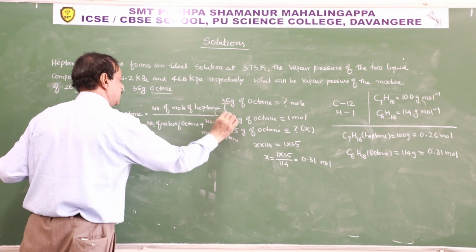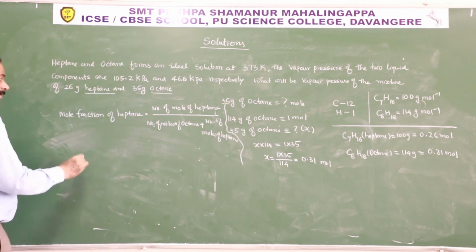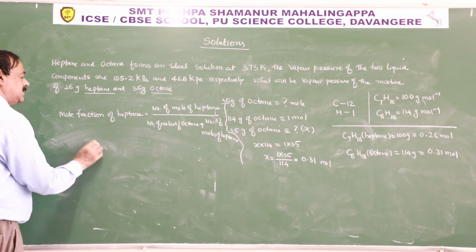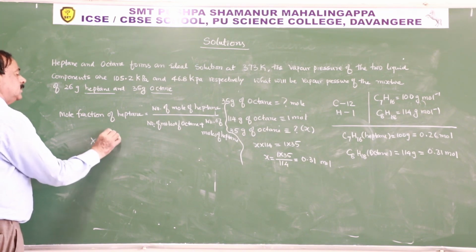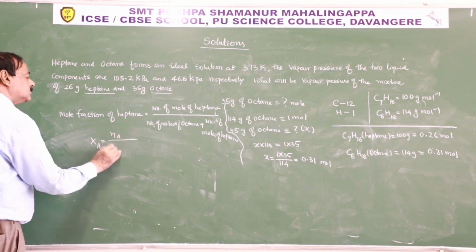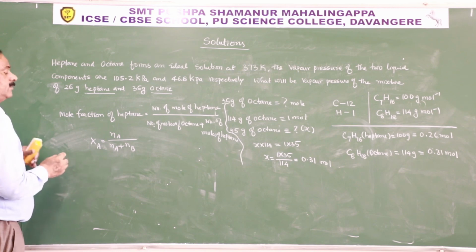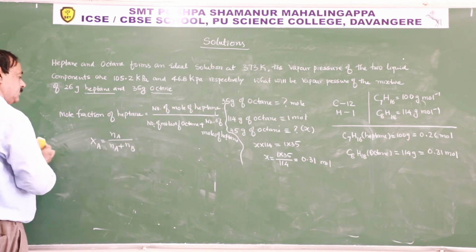You have the formula XA is equal to Na divided by Na plus Nb.